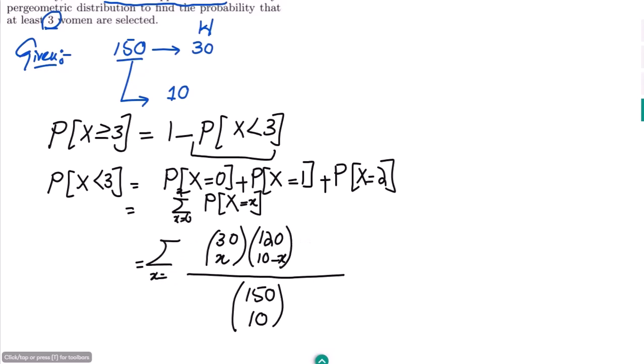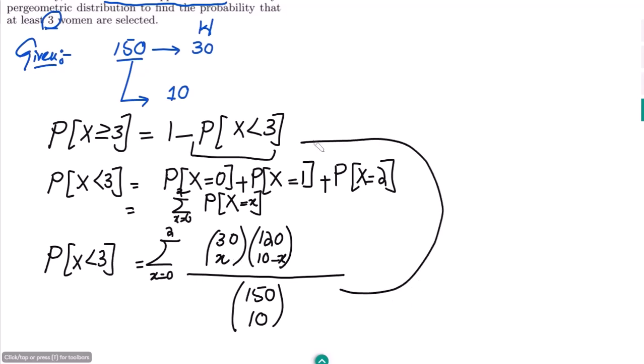It would be for all the values from 0 to 2, and this would be the probability that x is less than 3. Then taking this value and putting it here, we can find our solution. This is by using the hypergeometric probability distribution.